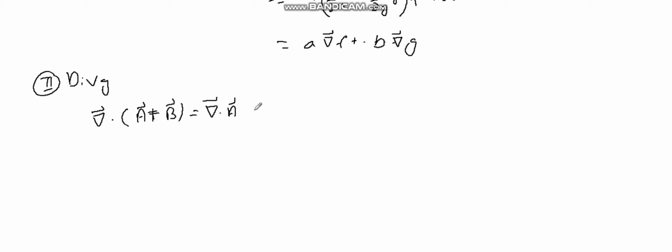In a similar way, divergence is also linear. The divergence of A plus B will give the divergence of A plus the divergence of B. If we take scalars A and B, then they will go outside. We can prove this by expanding del dot A and del dot B. By expanding this, we can always prove the identity.